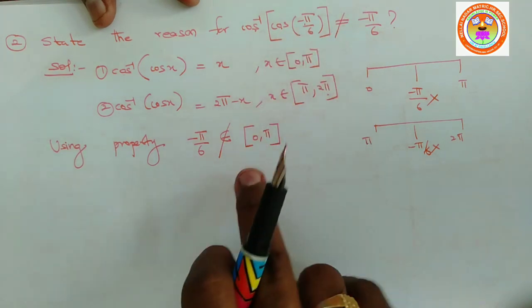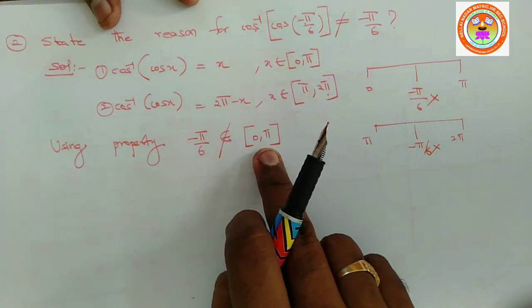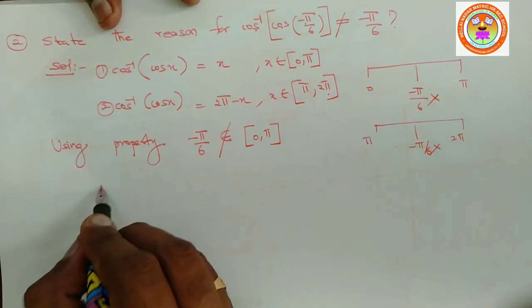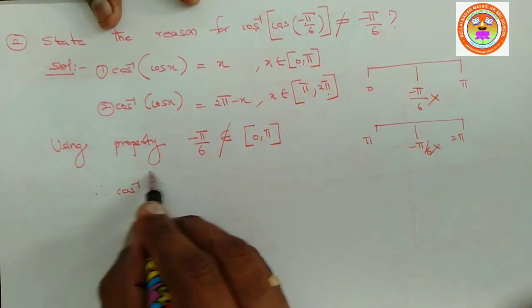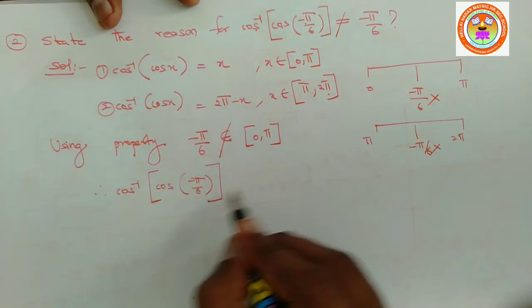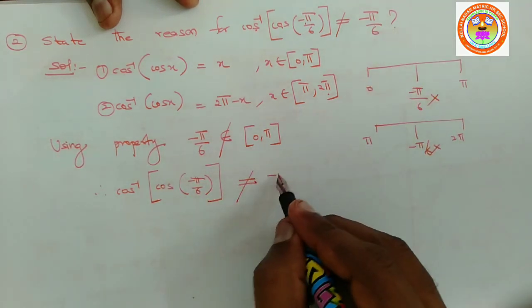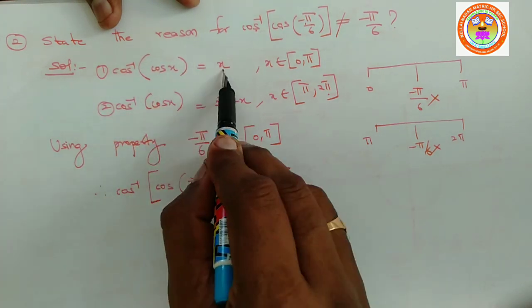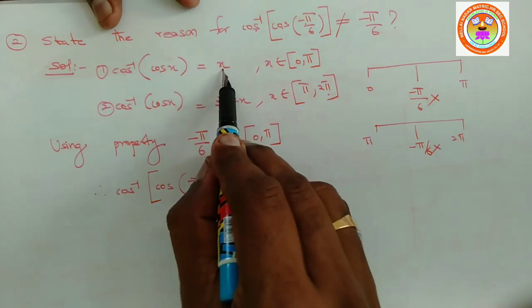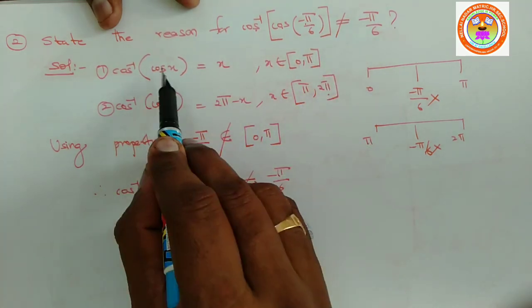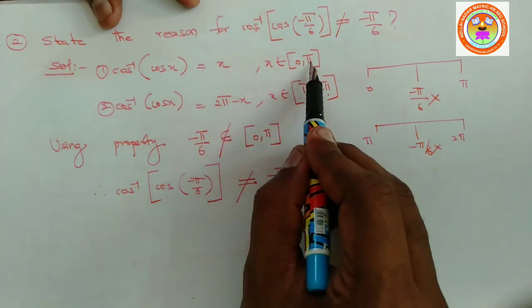So as minus pi by 6 does not belong to 0 comma pi, therefore cos inverse of minus pi by 6 is not equal to minus pi by 6. See here, cos inverse of x is equal to x when x belongs to 0 comma pi.